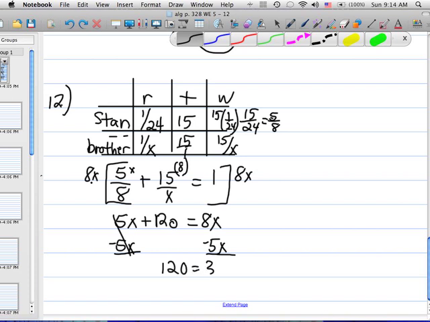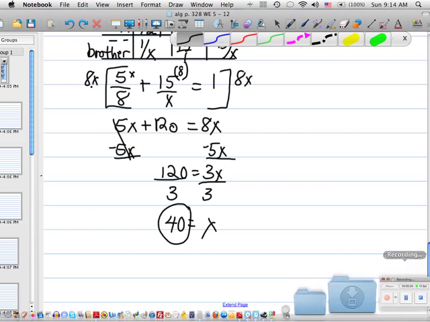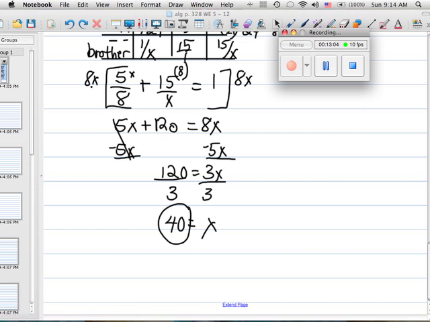Getting the variable on one side, since the 8x is by itself, we want to keep it that way. So we subtract the 5x. We have 120 equals 3x. Divide by 3, and we get 40. So brother can do the job by himself in 40 minutes. That concludes the evens. Check the answer key in the back for the odds.